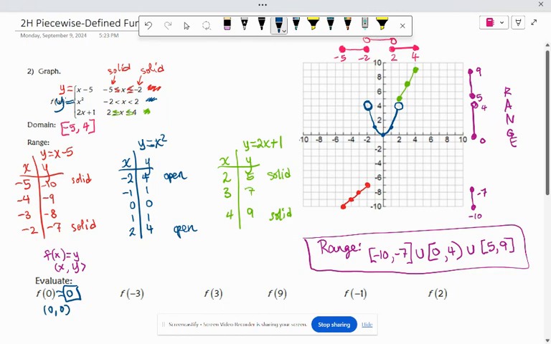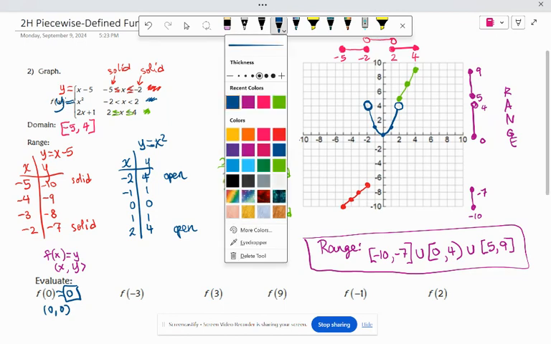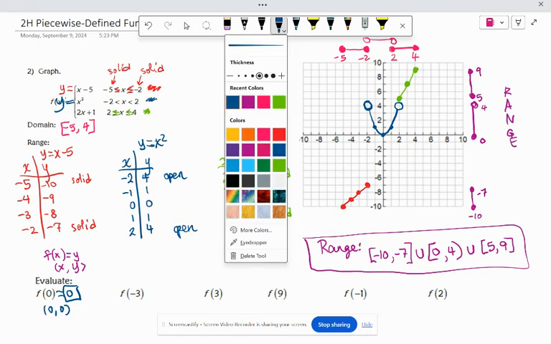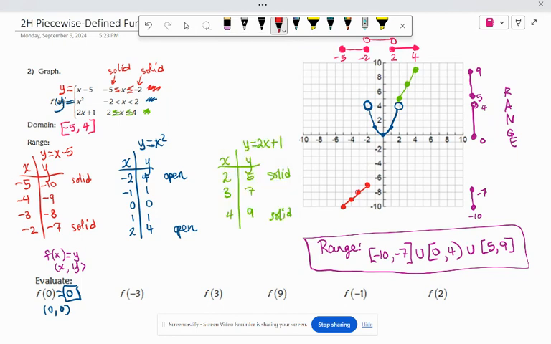For f of -3, that was on the red one, and that was -3 right here, so -8, because we have the point -3, -8.